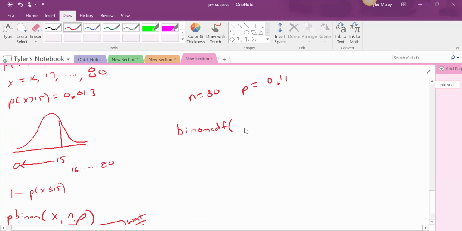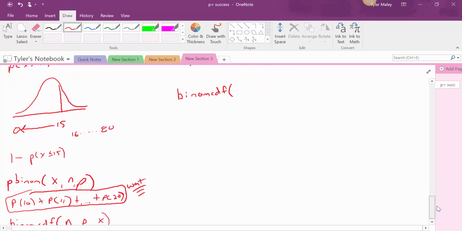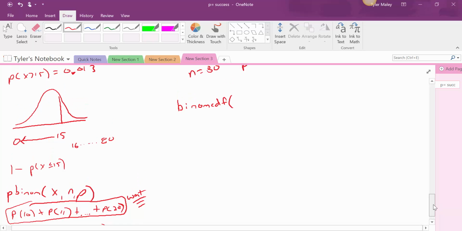So if I type this in my calculator, we want to go all the way to 20.